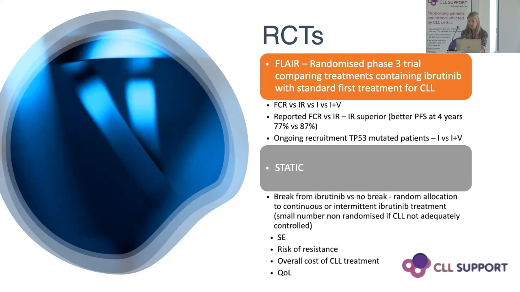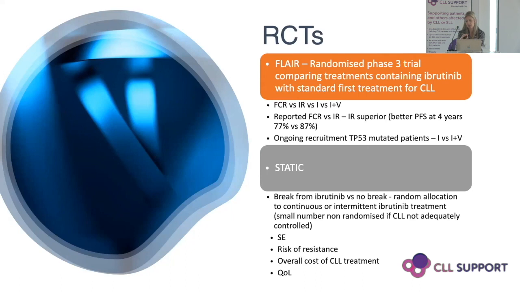Now, as a follow-on from this, there's Static, which, if you have been on Flair, you may well be invited to transition onto. This is looking at having intermittent treatment with ibrutinib versus continuous therapy, and randomly being allocated to that.